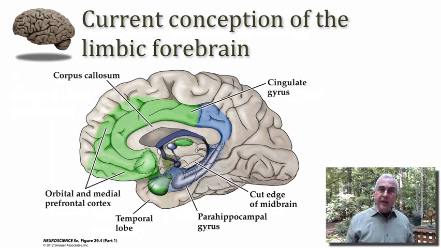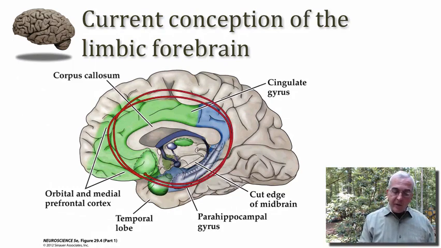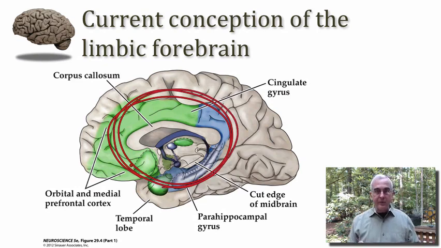Now, I don't particularly favor this term limbic system, because once you use the word system, you're implying some kind of unimodal operation. And I think what we now know is that the set of structures that form a limbus or a rim around the medial part of the hemisphere really is not a unimodal system at all.